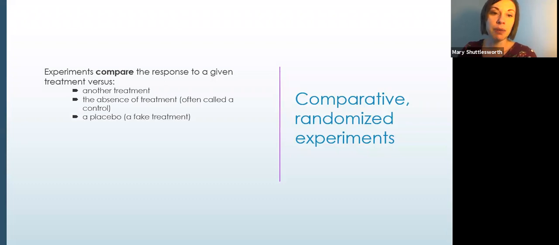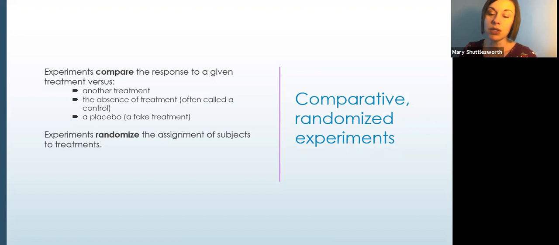Additionally, experiments also use random assignment. So they randomize the subjects, so the participants who are in the study, to the treatment or to that independent variable. And by doing that random assignment, we can balance out some of those participant characteristics that participants bring to the table.